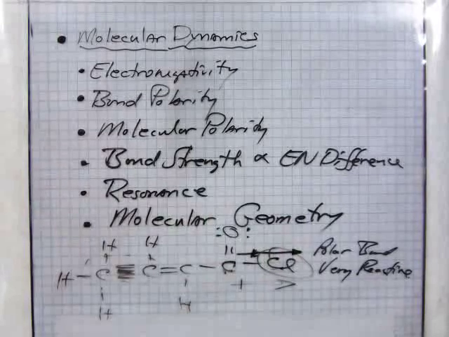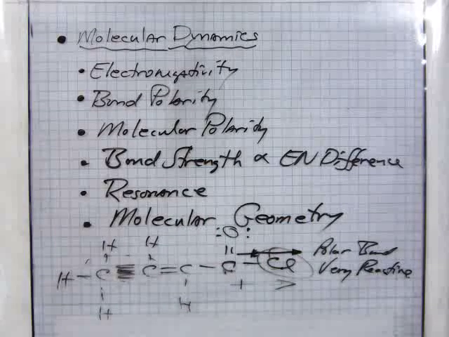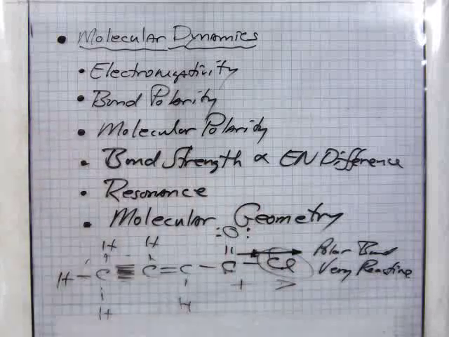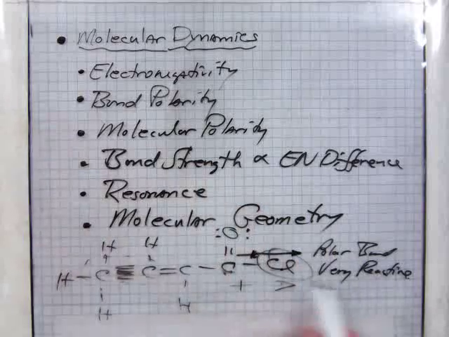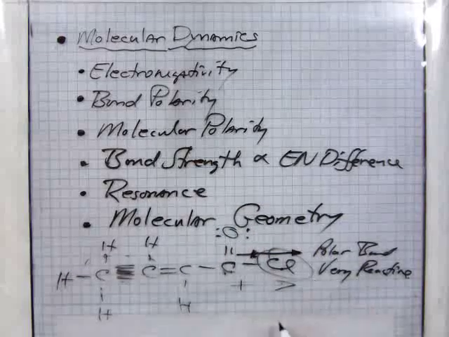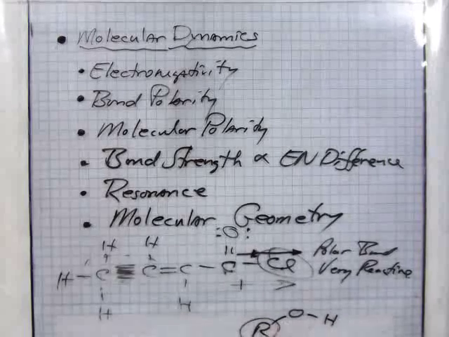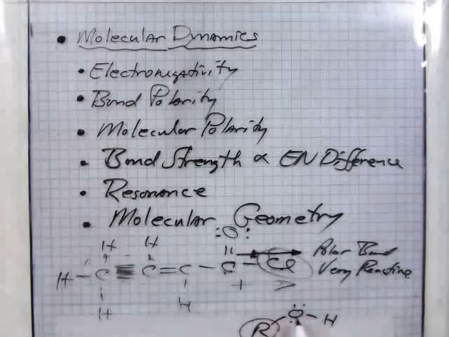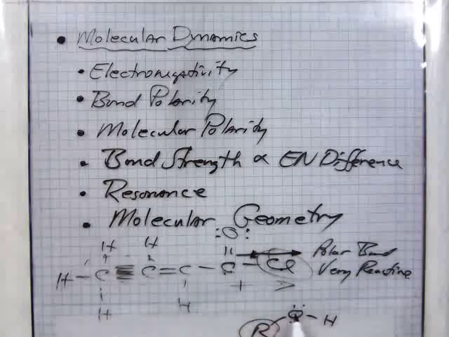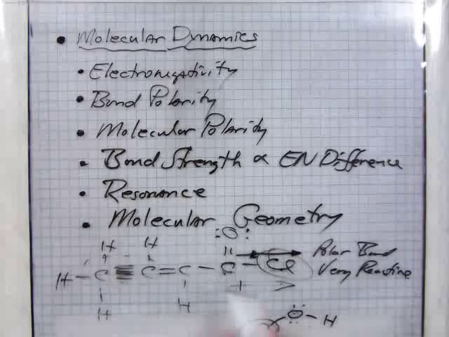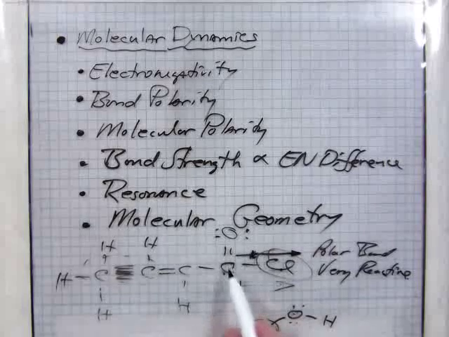Now, I sent everybody a little note last night to clarify what I'm talking about in the reactivity of molecules. Something that will form a stronger bond will replace something that has a weaker bond. For example, if you have an alcohol, some kind of R group attached, well, oxygen will bond to carbon in this structure a lot faster and with more stability than will chlorine in that structure.